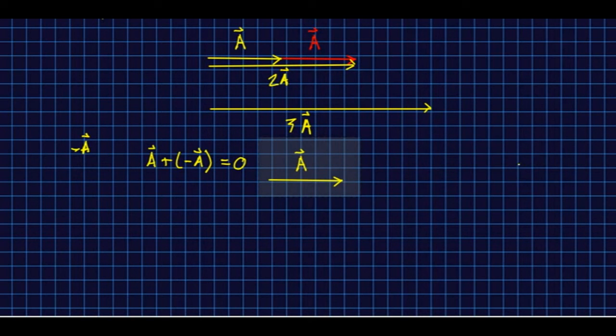So if I grab A, negative A is the thing that points back in the opposite direction, so that wherever we started, that's where we finish up. So there's negative A. And so now you see what the negative means. Just flip the direction.